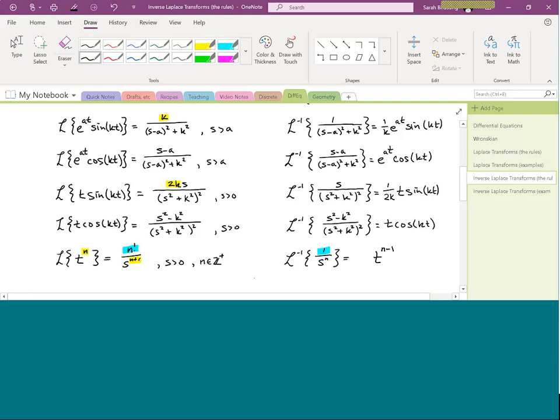No, which means there's got to be some sort of adjustment factor. So just like the 1 over k and the 1 over 2k that we had previously with the sine function, or versions of the sine function, we're going to have a 1 over something, and it's going to be 1 over some factorial. Any guesses which factorial it's going to be?